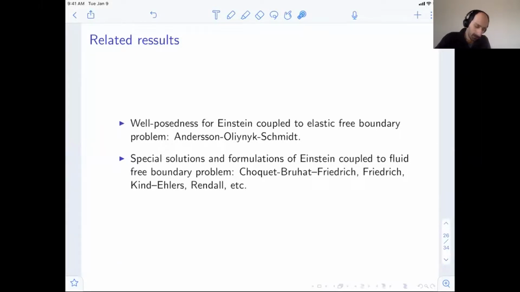There are some general formulations of the equations to try to get nice looking equations, but there's not so much on tracking what really happens to this free boundary, as far as I know.